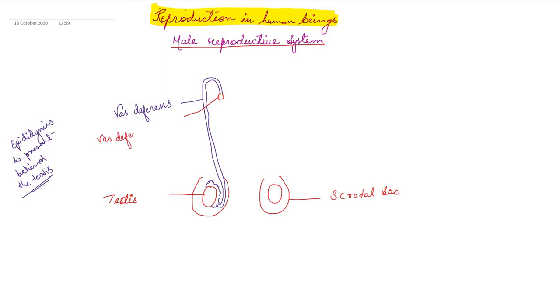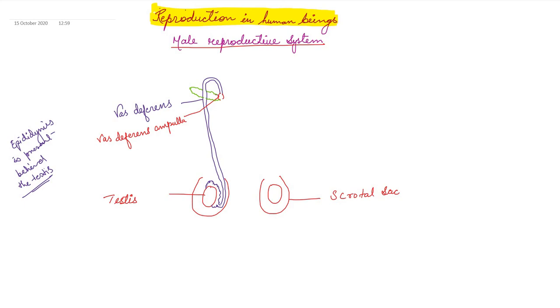This vas deferens ampulla gives rise to a gland which is known as seminal vesicle.